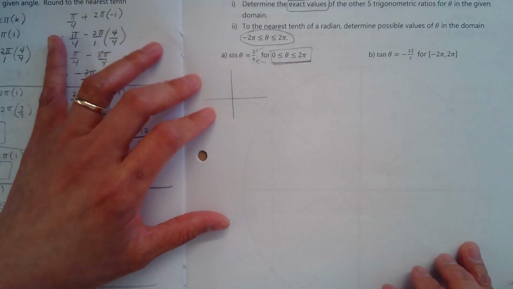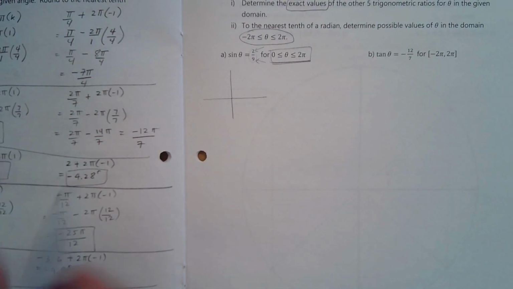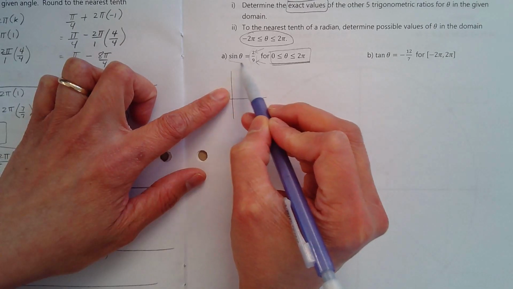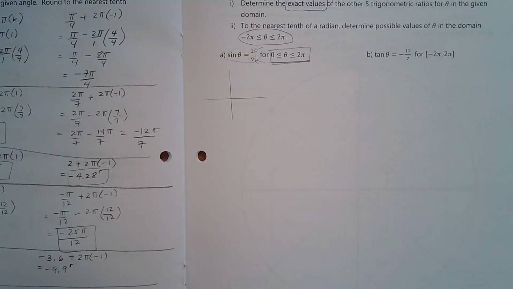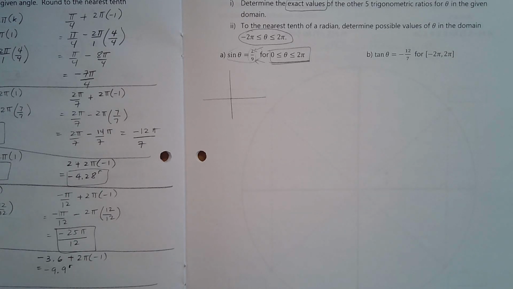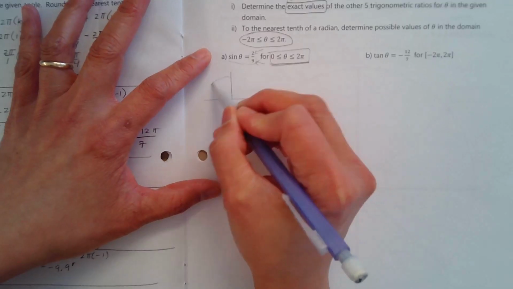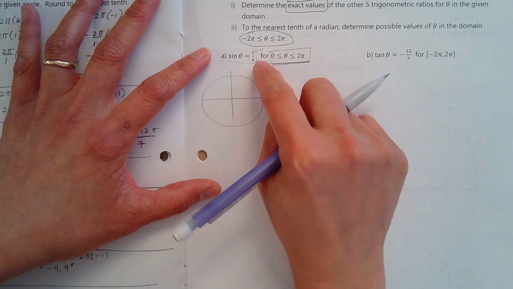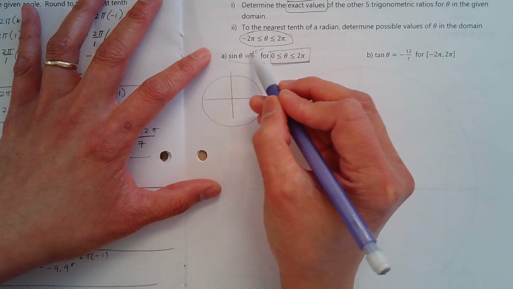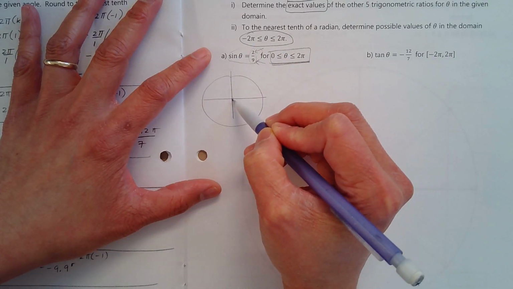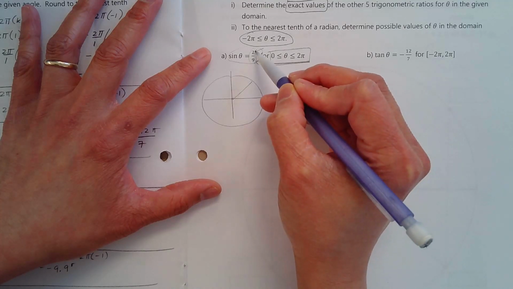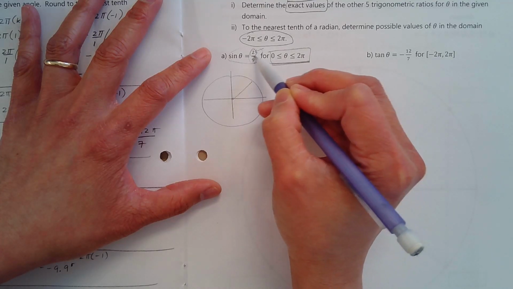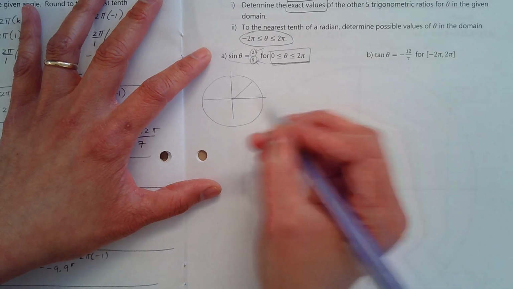Whatever the angle is, let's think about this. Where is sine positive? First and second. Okay, the quadrants are first and second. So that means whatever the angle is, opposite is 2, hypotenuse is 9, right?